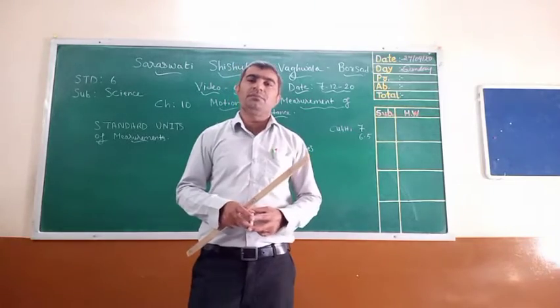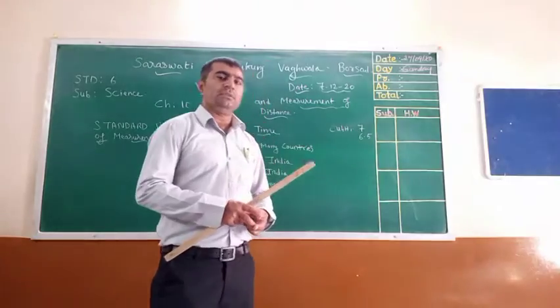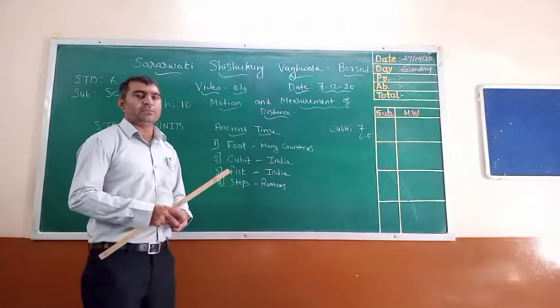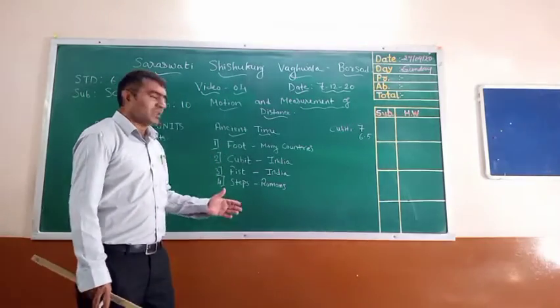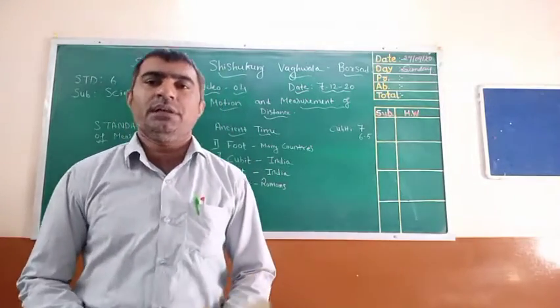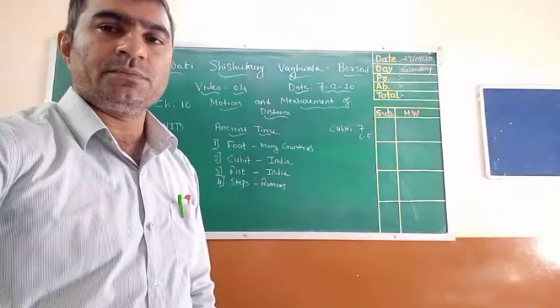We will see some differences. So we can say that this length cannot be used as a standard measurement, but in ancient times people were using this type of measurement to measure the length of any object.